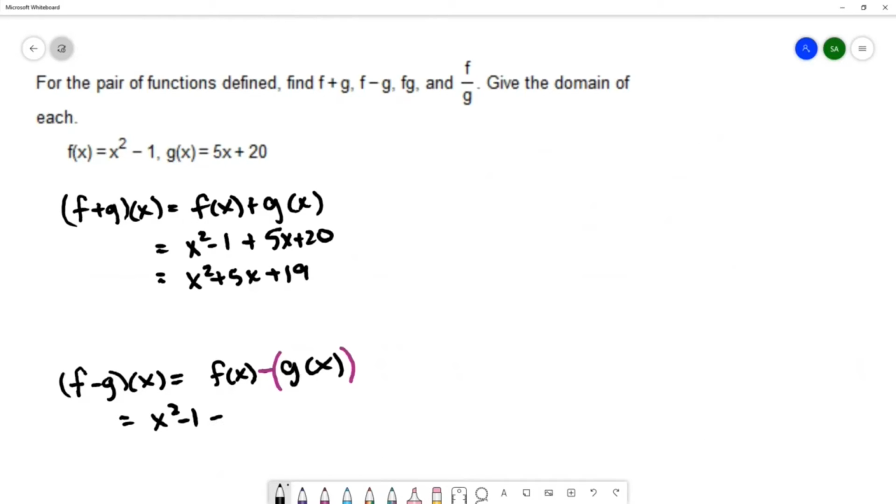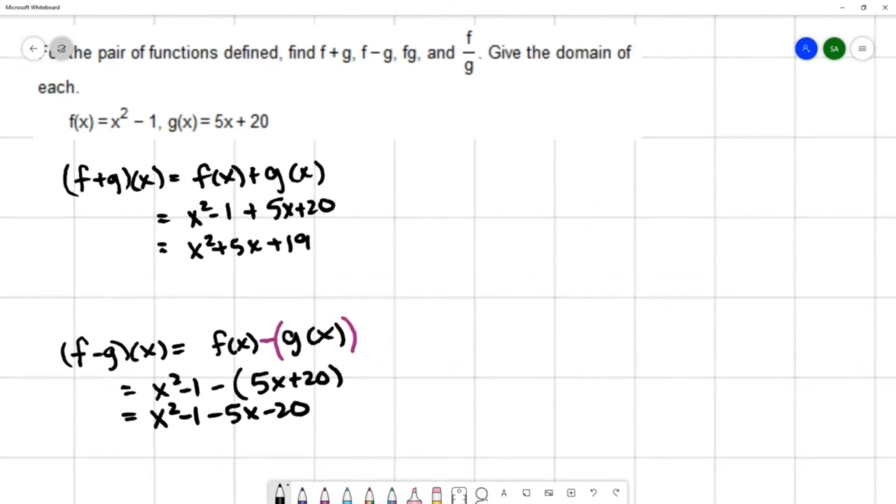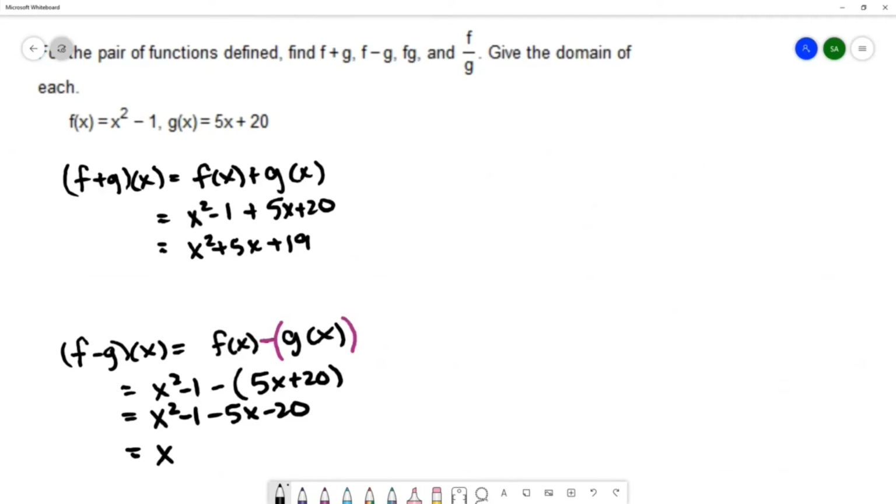We're going to subtract g of x. I'm putting parentheses around g of x. That's 5x plus 20. We have x squared minus 1 minus 5x minus 20. And we'll combine like terms to get x squared minus 5x, and then negative 1 and the negative 20 combine to be negative 21.